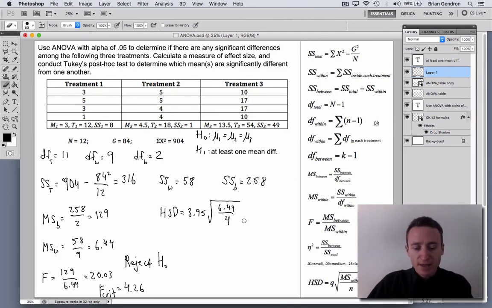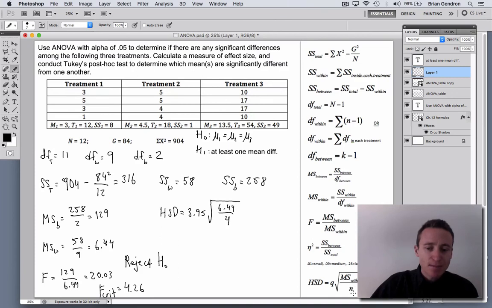So one of the disadvantages of Tukey's post-hoc test is that it requires equal sample size. You have to have the same number of people in each treatment group. If you don't, you cannot use Tukey's test. You have to use an alternative like Scheffé, which we discussed in the module.